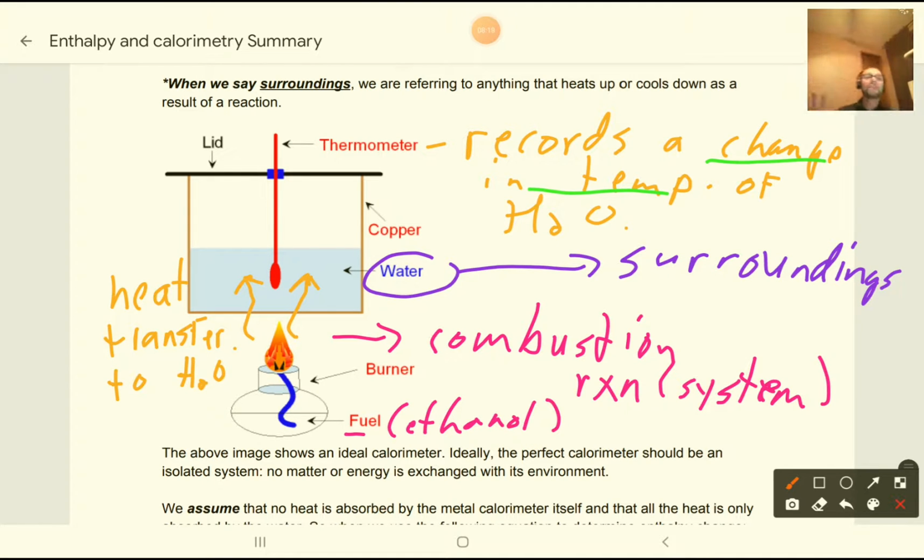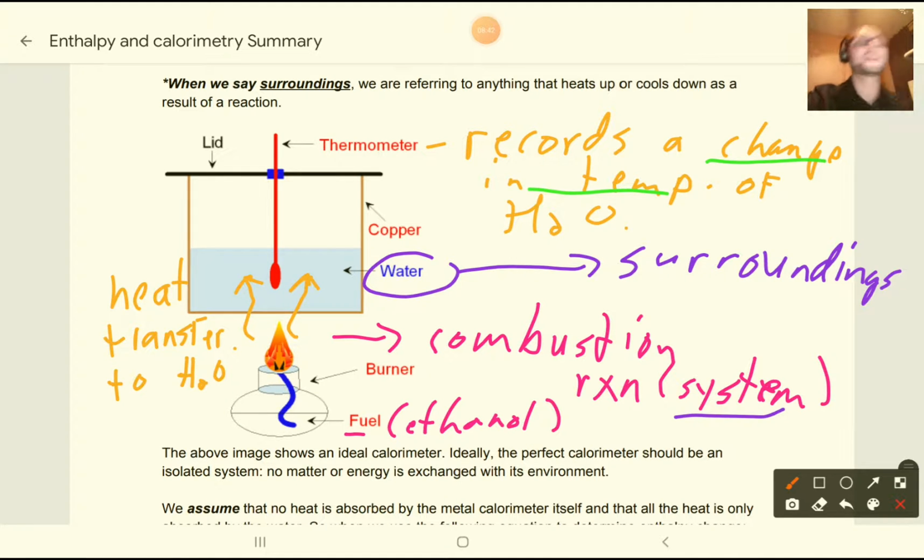So I want you to take a minute and look at what's happening here. You've got the system, the combustion of your ethanol or whatever is being burnt, that is changing in potential energy. And it's sending heat into the water, which acts like the surroundings because it'll heat up. The combustion reaction is the system.